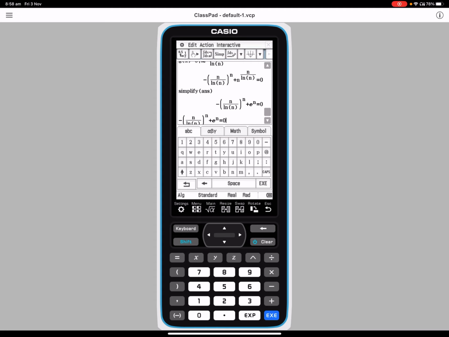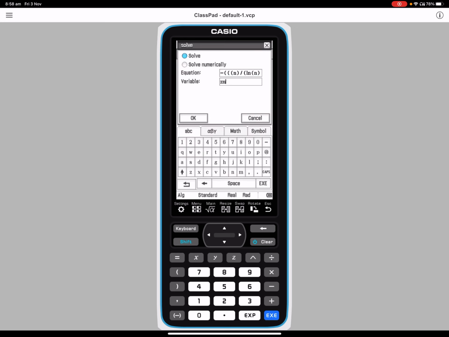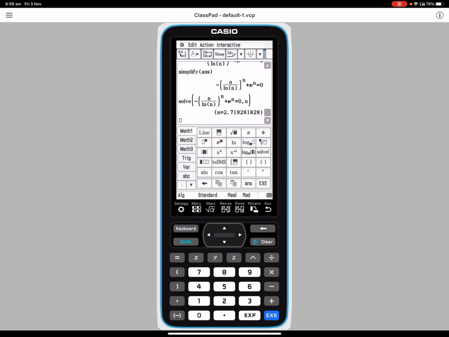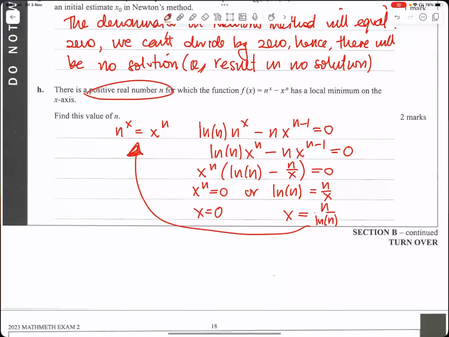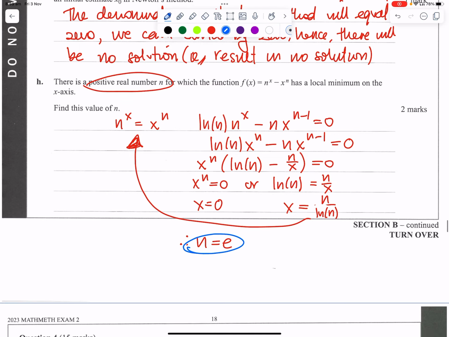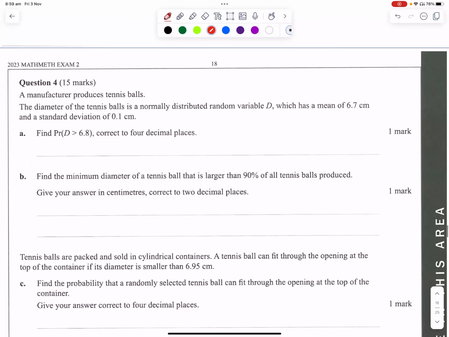Solve that for n. That value is e to the 1 as a decimal. Yes, so n is equal to e. That's a pretty tricky question. I don't like how I solved it, but it makes sense.